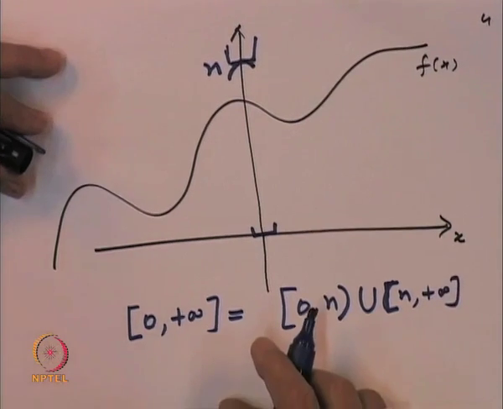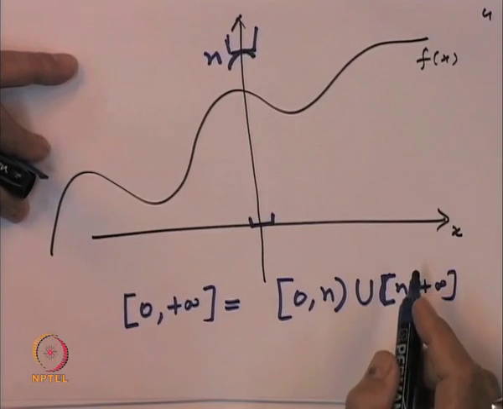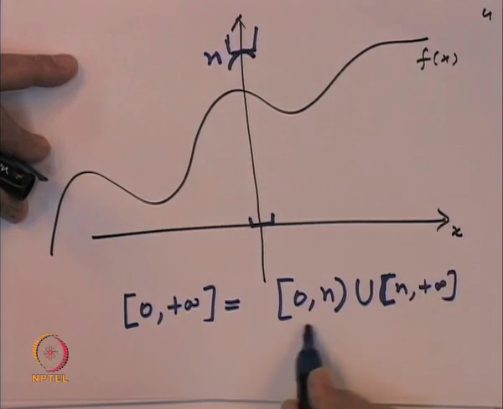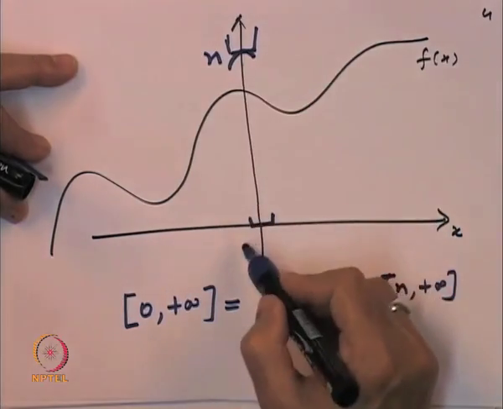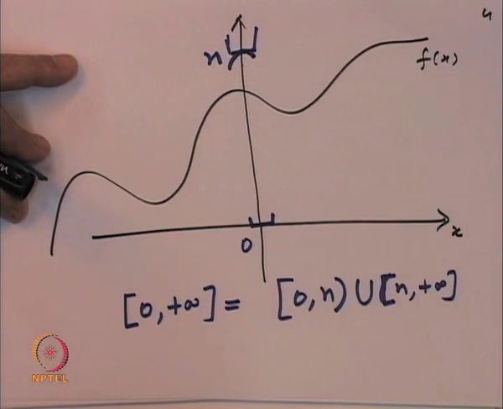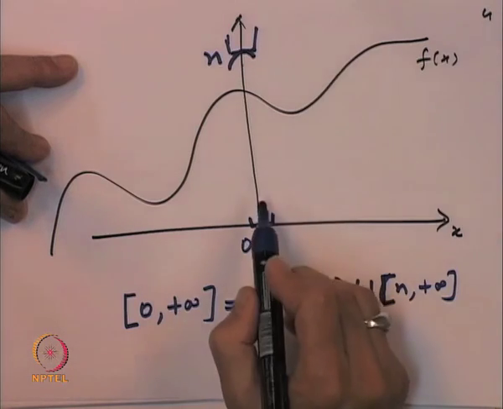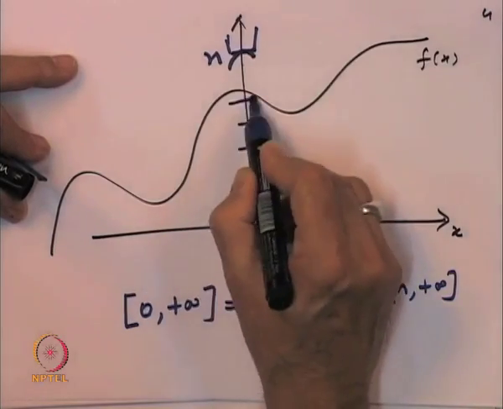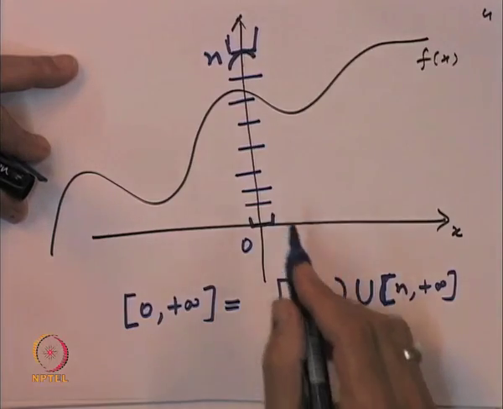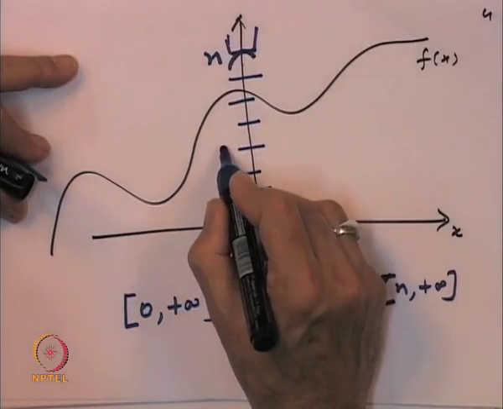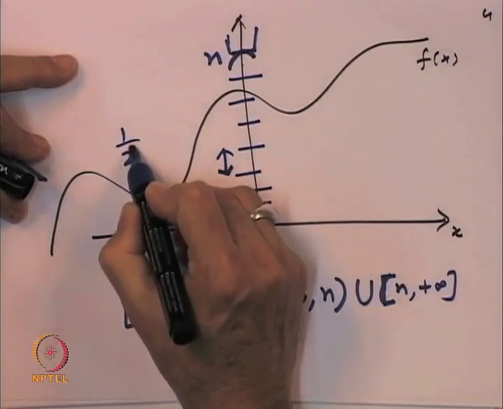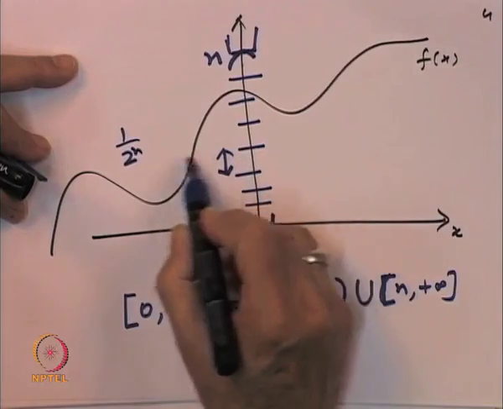So, I have divided the range into two parts, and now next, the portion 0 to n, for every n, we are going to divide into smaller pieces, so that the length of each piece is nothing but 1 over 2 to the power n.